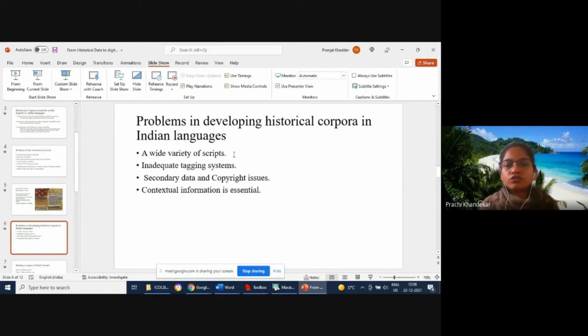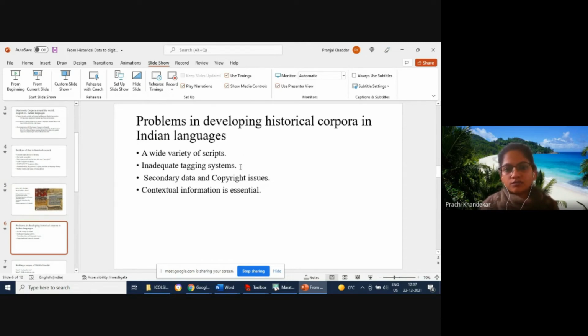So most of the technology is designed for Roman script and not for Indian languages. Thankfully, it is changing now. However, the changing systems are also meant for live language feeding. So you can't really take sources from historical texts which are in different scripts. So that is a problem there.